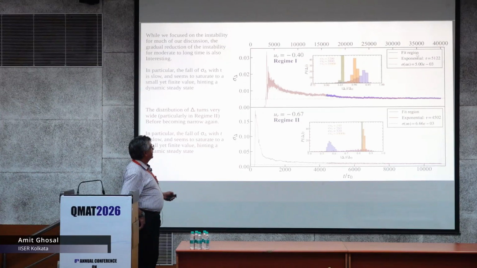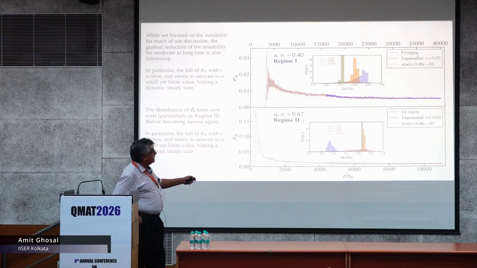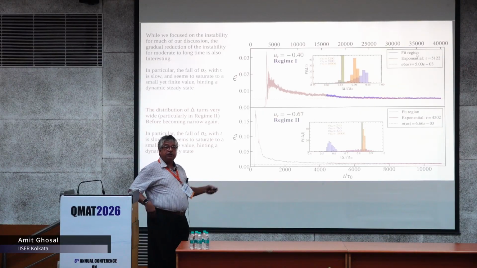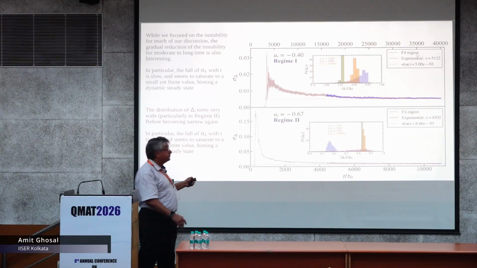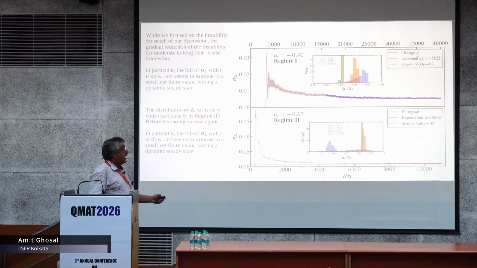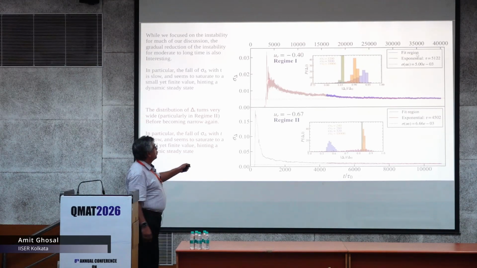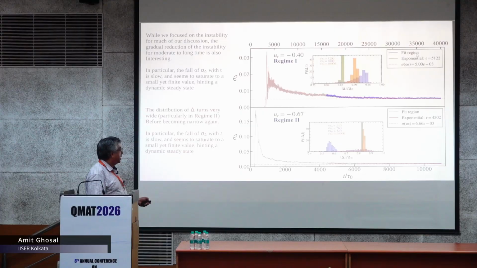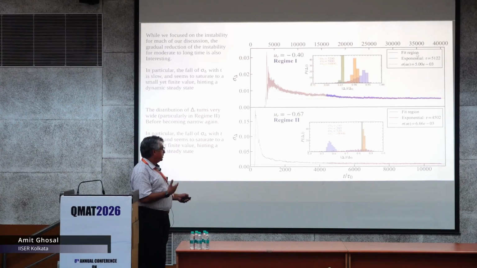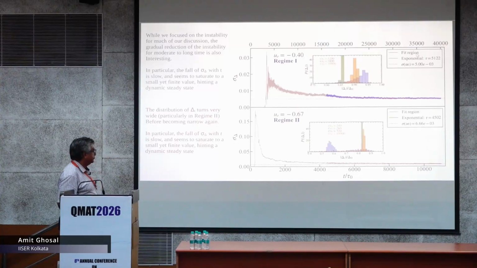Even more interesting, not only does it decrease, it never goes to 0. The system has an inhomogeneity, however weak, that persists until very large times. The residual value is larger for regime 1, the weaker quench, than for the stronger quench I talked about, regime 2.